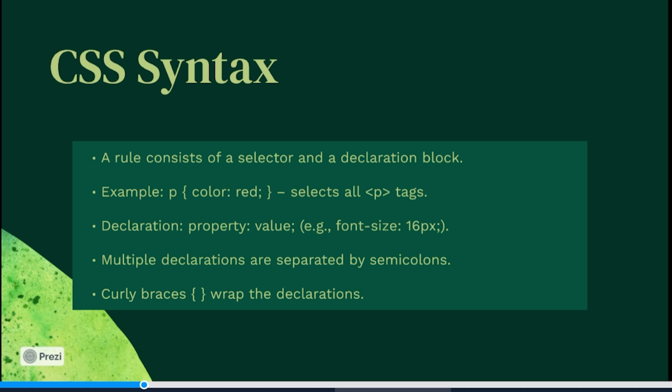For example, to change only the paragraph, you select the paragraph tag only. And the second one is the property, and then the third one is the value.